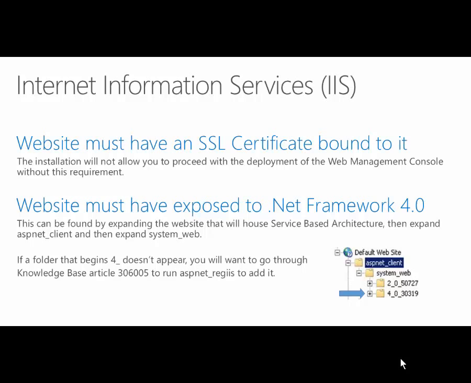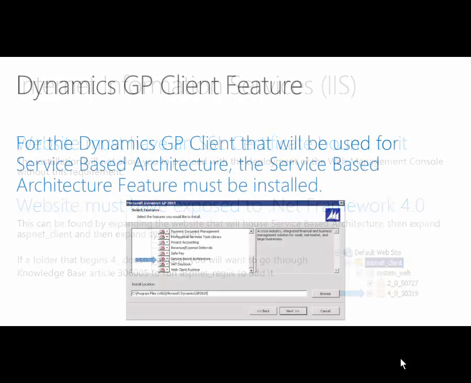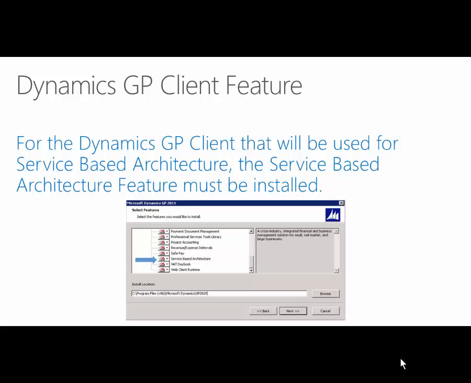So, the next one is one that I'll be the first to admit I missed the first time. And that is, inside your GP client install, you have to install the feature for service-based architecture. Now, when we installed the web client, it needed this web client runtime, and it deployed a folder in your GP client folder.